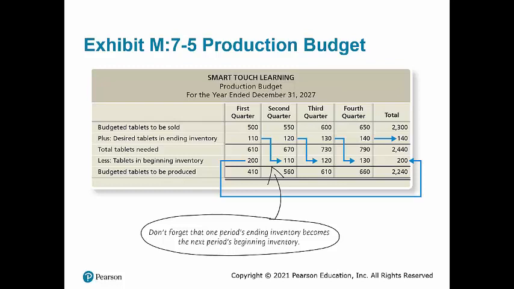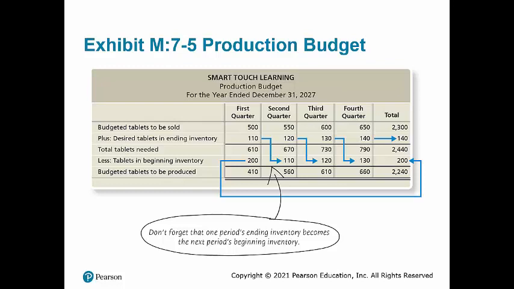For the first quarter, we took the second quarter sales, 550, and management desired to have on hand 20% of the second quarter sales in ending inventory. So 20% of 550 is 110. We did that for the second quarter using the third quarter sales.